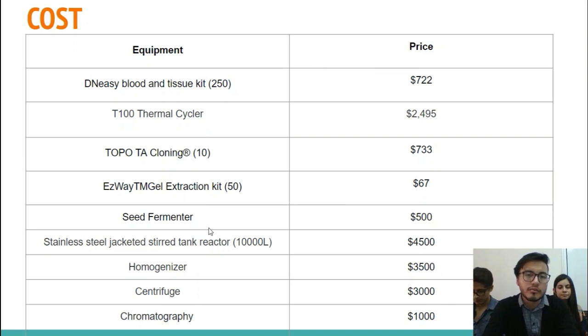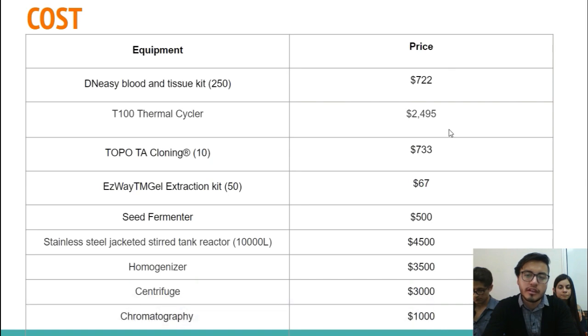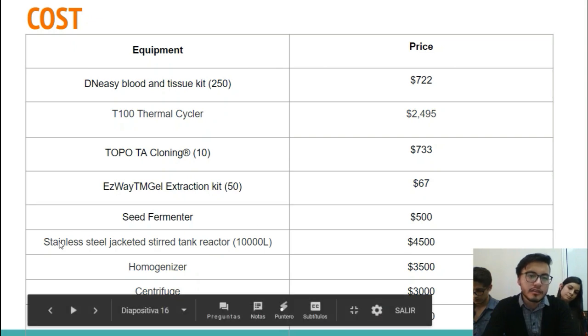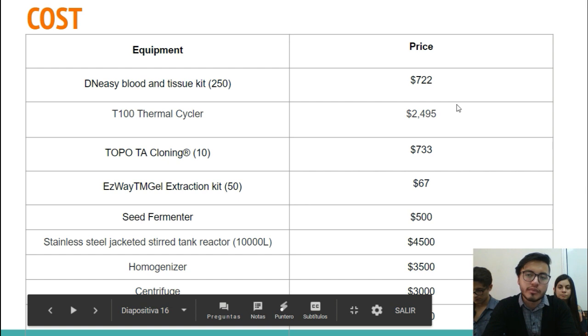So we have the equipment that we found, and here we have the prices. All the prices are for a low production, specifically a stainless steel jacketed stirred tank reactor for a production of 10,000 liters.